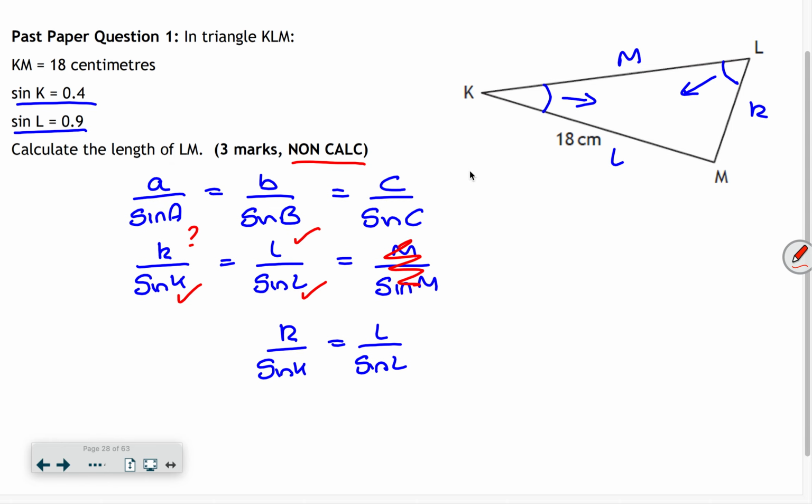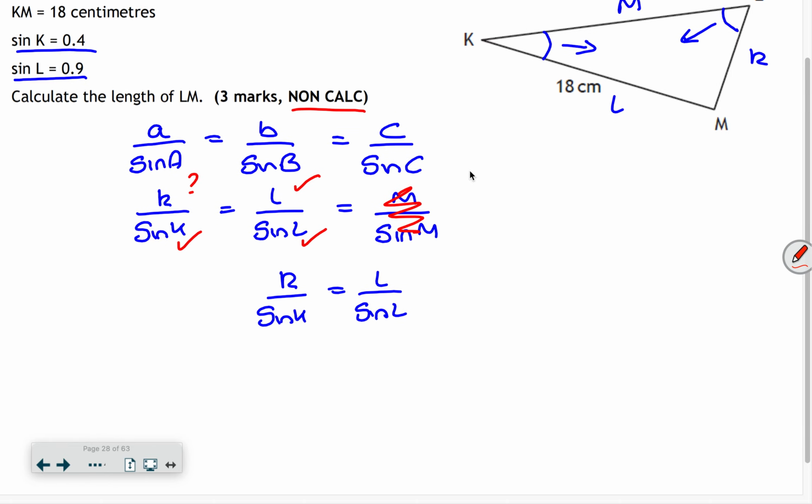Okay, so let's start to put some values in then. So that's going to give me K over sine K. Now, this is the difficulty with this question. So many people would then panic and think, I need to work out sine of 0.4 without a calculator. No, that's not the case.